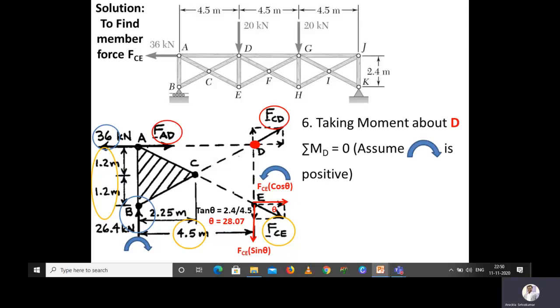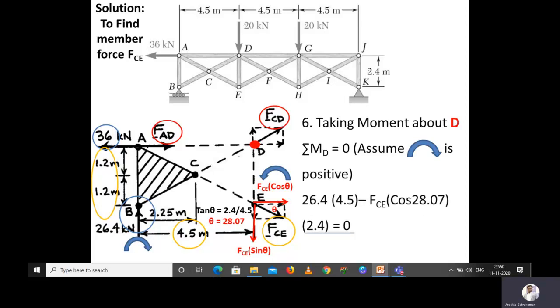So I have to assume as negative. So we are having only two moments, that is due to 26.4 kilonewton at a distance of 4.5 meter from the point D is rotating in clockwise direction, and another force, that is FCE cos theta with respect to point D, the distance is 2.4 meter, that is making the truss to rotate in counterclockwise. So one is positive, another one is negative.